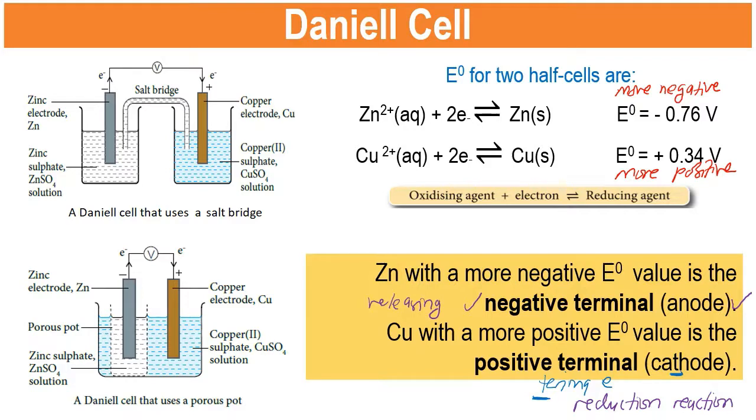At the positive terminal, there is the process of receiving electrons. The electrode is called the cathode. When the process is receiving electrons, that means the reduction reaction occurs at the electrode.